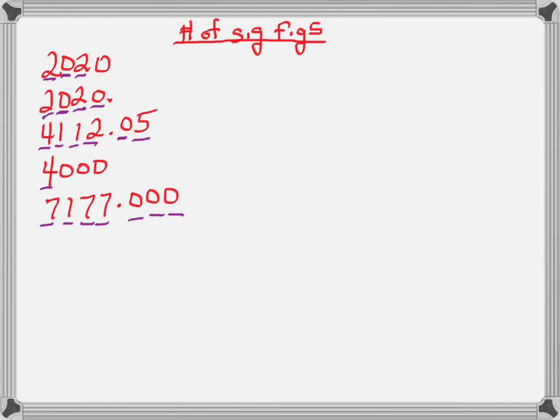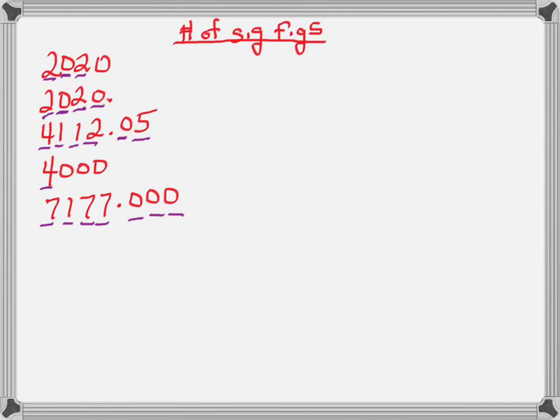The last rule was, if it doesn't have a decimal point, all the zeros to the right of the last non-zero digit are not significant. So the first one, that 0 is to the right of the 2's, so that one is not significant, and I will not underline it.